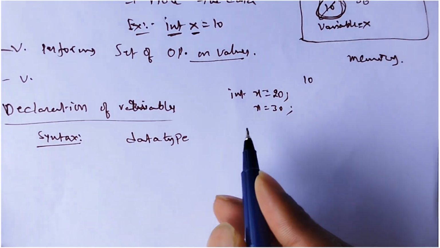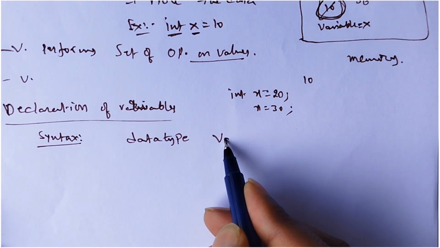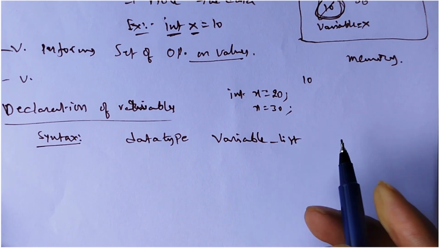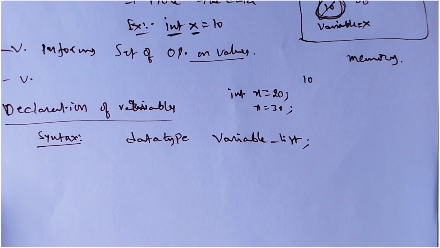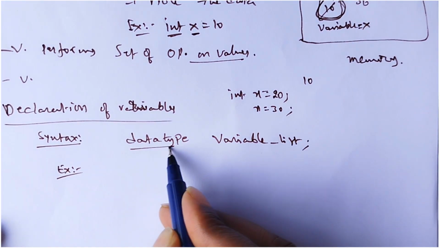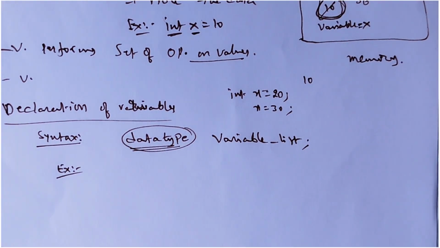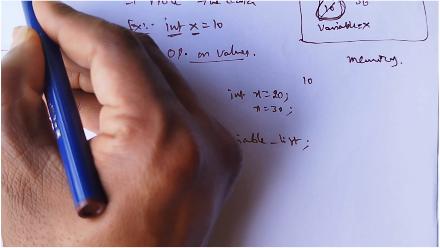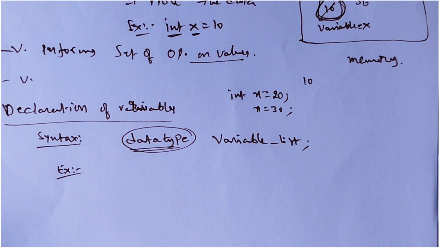data type space variable underscore list. Here, what is the meaning of data type? Data type specifies which type of data we are storing or using.